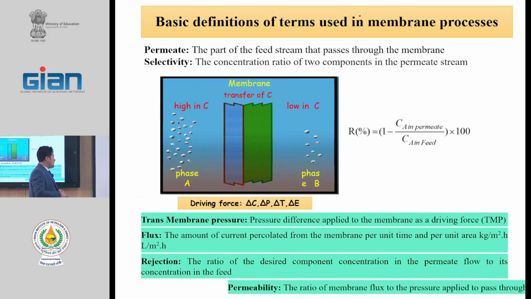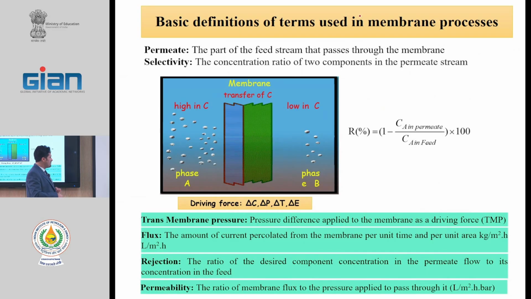We also have permeability. Permeability in gas separation and water separation is different. I will define permeability in gas separation later, but in liquid separation, permeability is the ratio of the membrane flux to applied pressure.